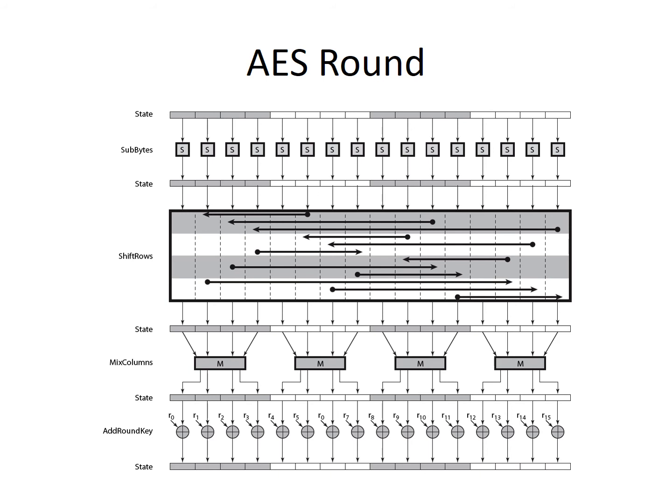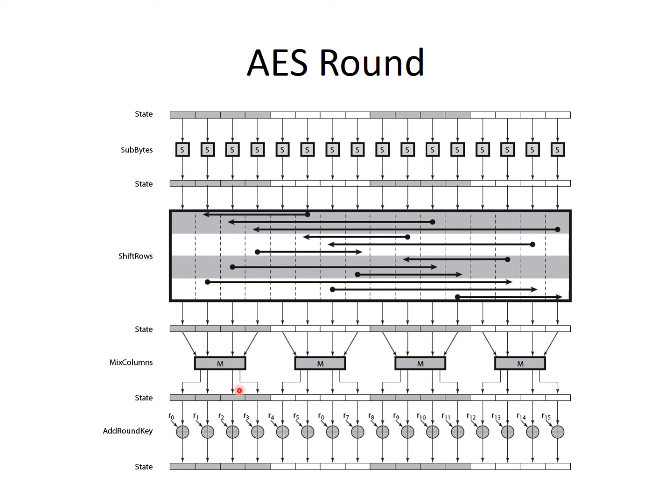So this is a summary of the AES operation. Initially the plaintext will have some value, that is the state. We will undergo the substitution operation, where a new value will be substituted for each one. We will get a new state. After that we will go for shift rows, that is row 0 no shifting, row 1 1 byte shifting, row 2 2 byte shifting, row 3 3 byte shifting, like that the shift operation we will do. After that we will get a new state for that plaintext.